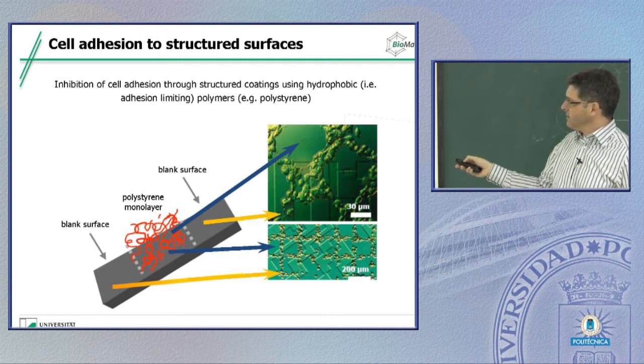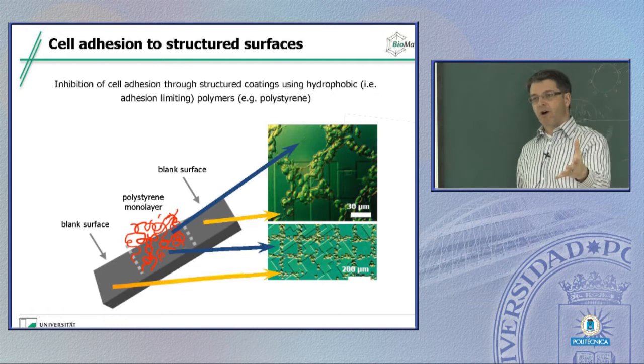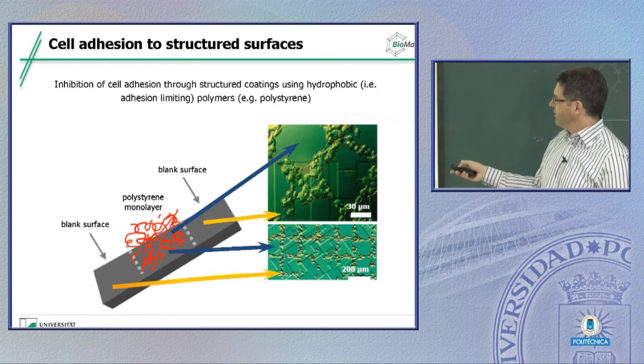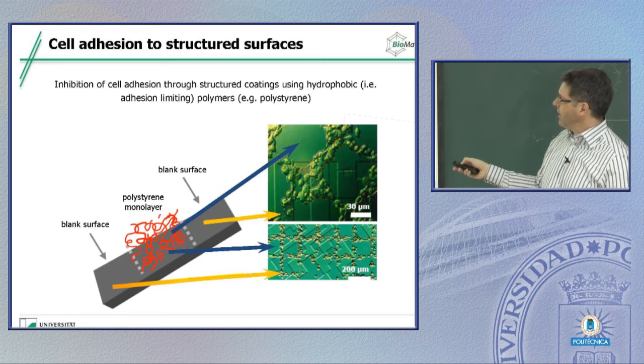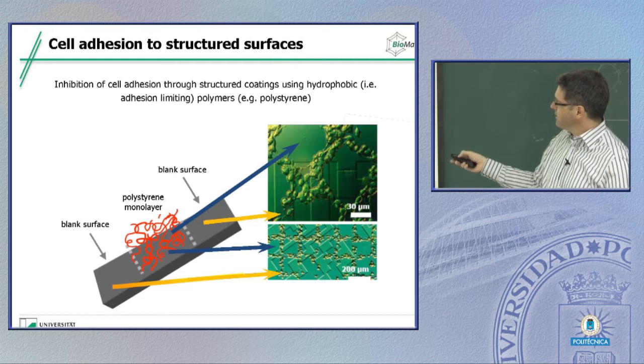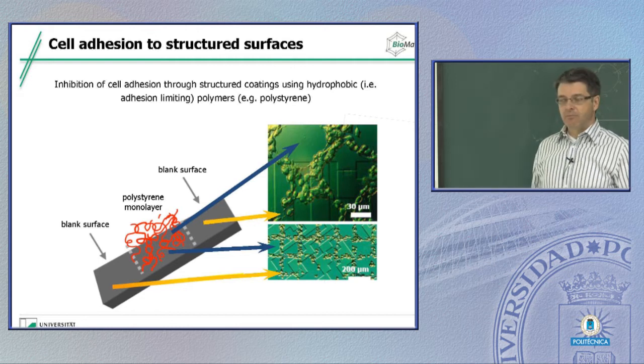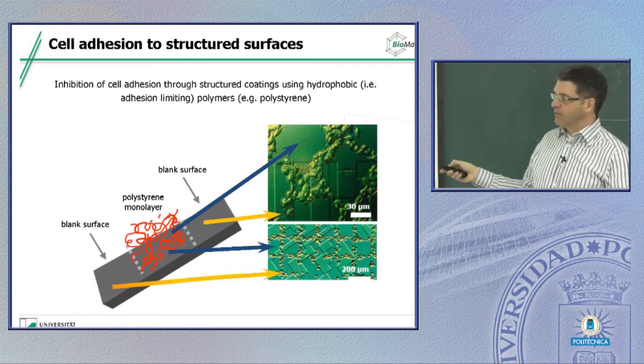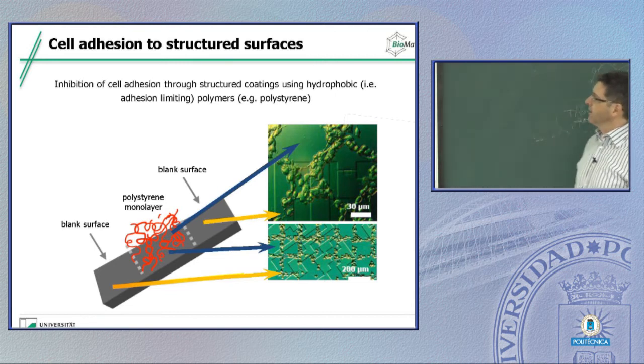So these squares are actually patterned with polystyrene, and polystyrene is so hydrophobic that the proteins don't go down and also the cells won't go down. And everything in between, where there is no polystyrene, which are here the yellow bars, there you do see cell binding because there the proteins have bound beforehand, on the blank surface, which is hydrophilic in this case.